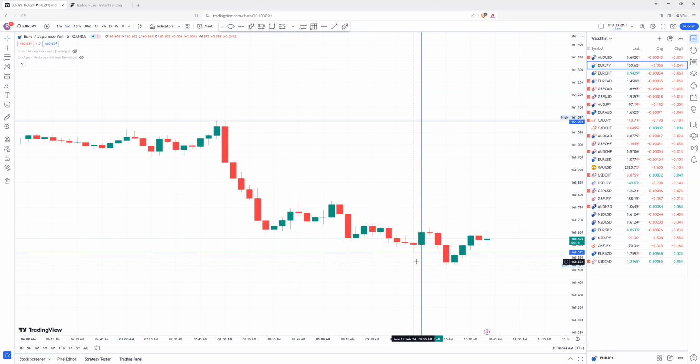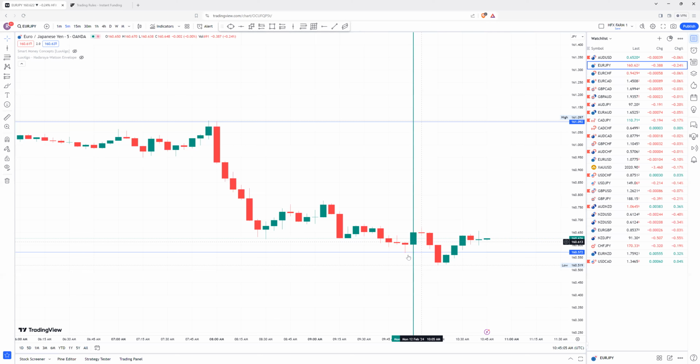The purpose of the vertical line is for you to know where the current 4-hour candle opens. This is the first 5-minute candle of the current 4-hour candle. It's just for you to know where the current candle starts from, so you know where to trigger.